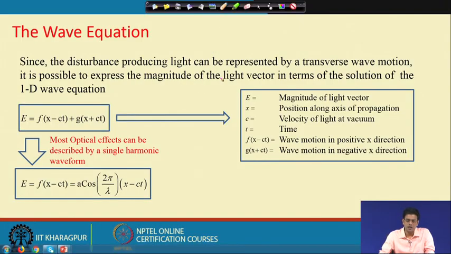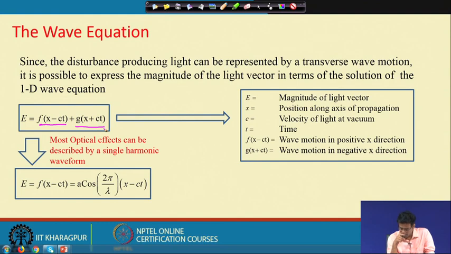We will not discuss this wave equation in detail here, but the wave equation represents the light vector, the magnitude of the light vector E, which can be represented as the forward travelling wave and the backward travelling wave, that is, the right travelling wave or left travelling wave: a function of x minus c t, and x plus c t. These two functions represent the solution of that wave equation.